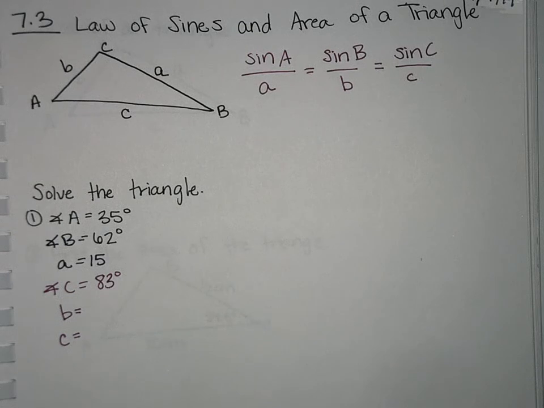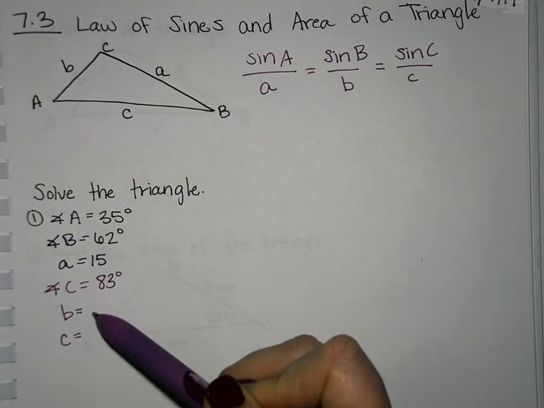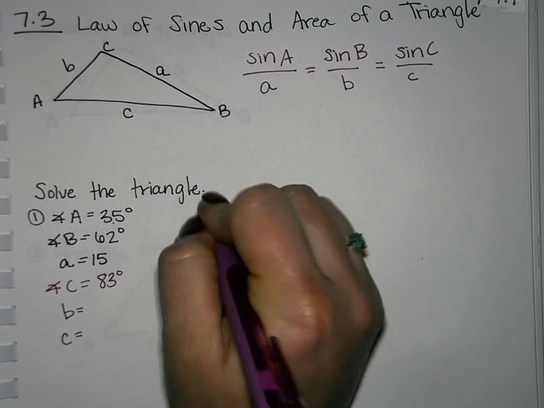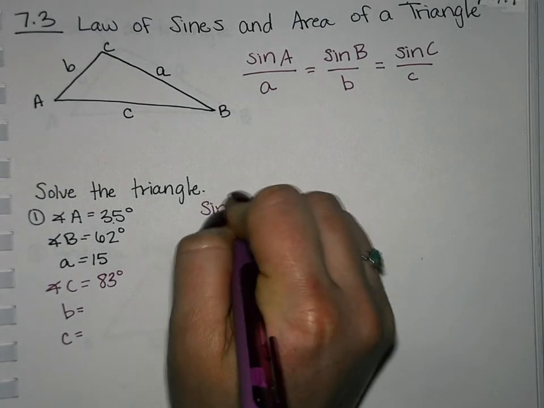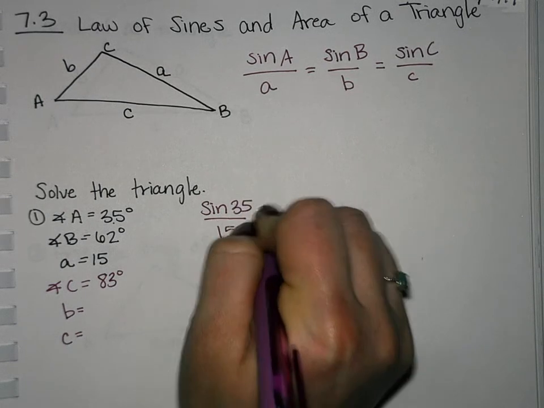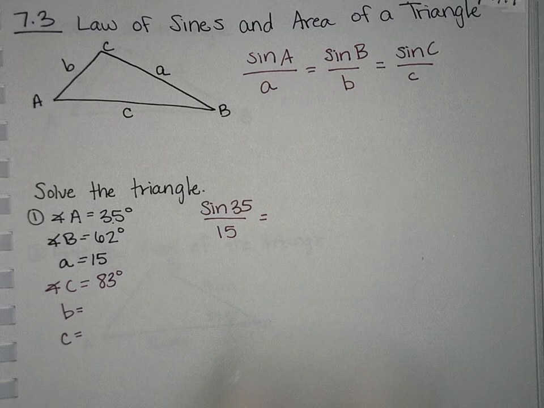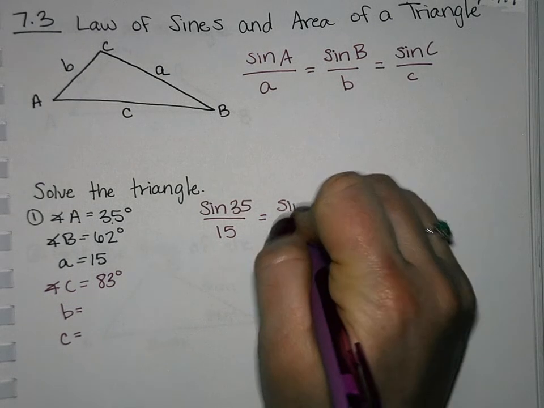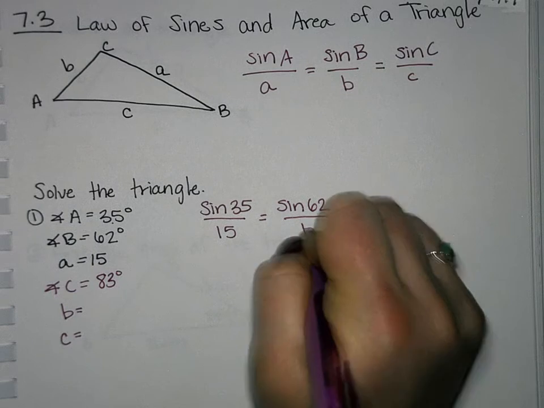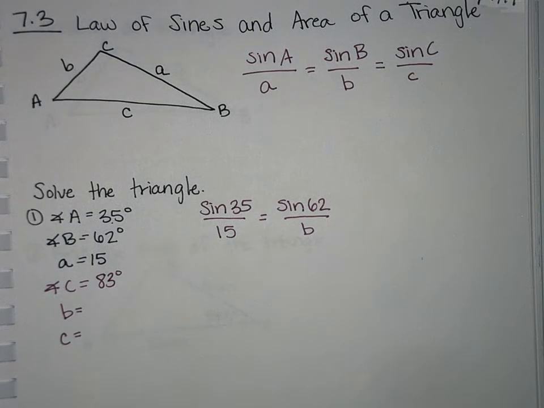Now for side B, since I know angle A and side A, I can set up sine of angle A over side A equals, I would take angle B, which is 62, over side B, which we don't know. From here, cross multiply.